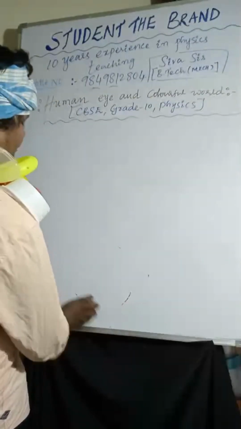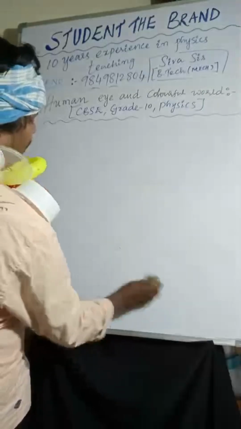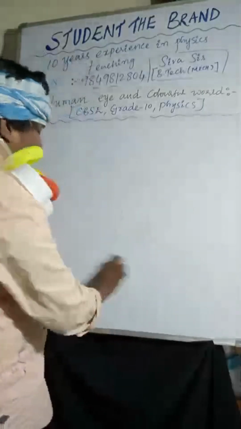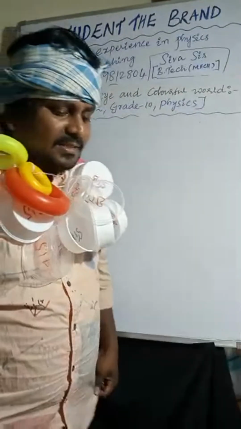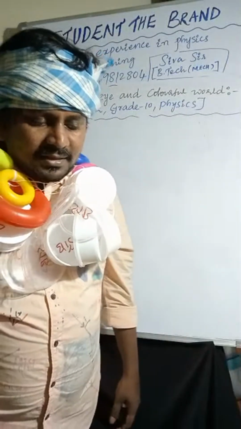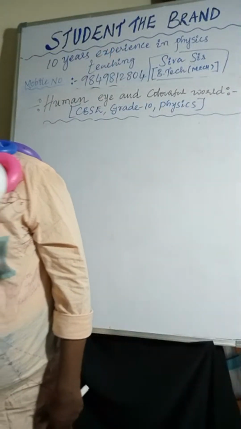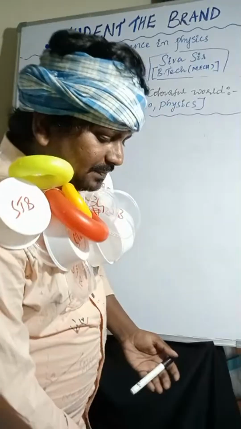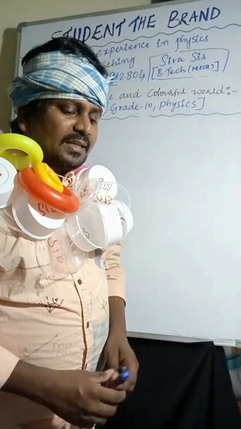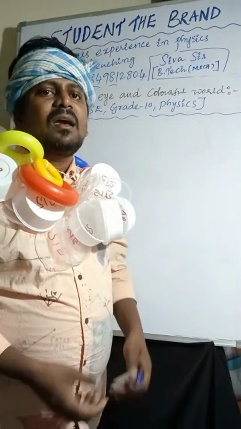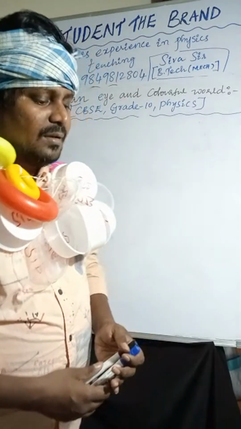So that is about hypermetropia. We can see far distance, we can't see near distance. We can see the far point, we can't see the near point.